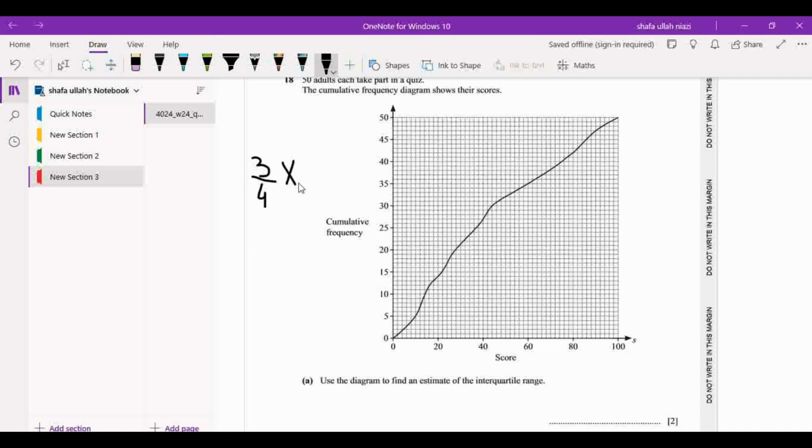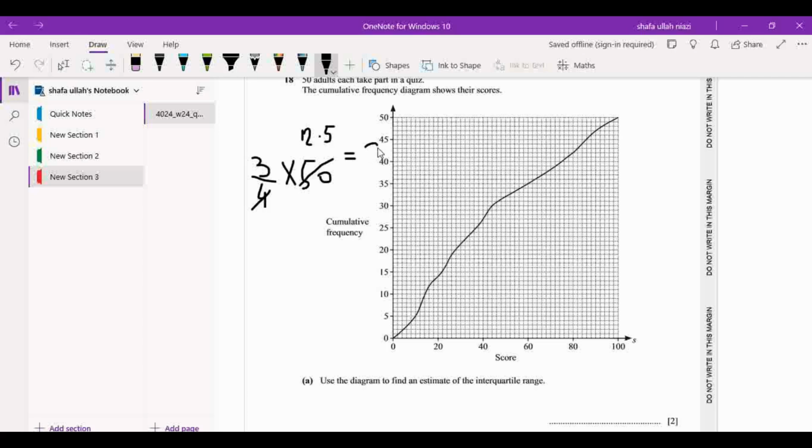3/4 times 50. So a quarter of 50 is 12.5, and when we multiply 12.5 with 3 it comes out to be 37.5.